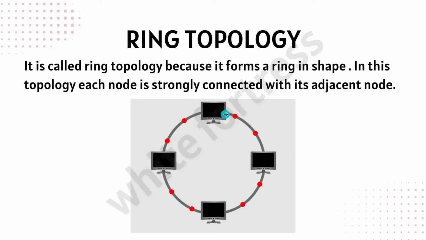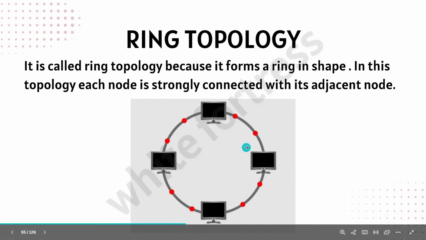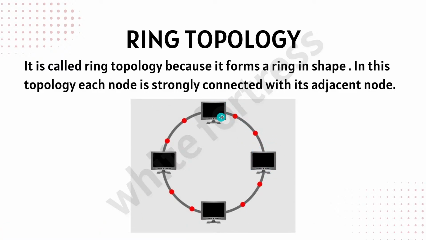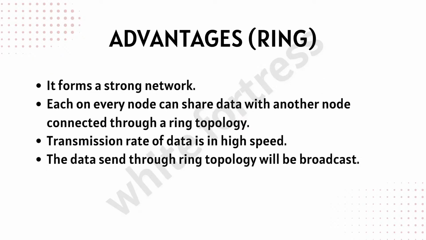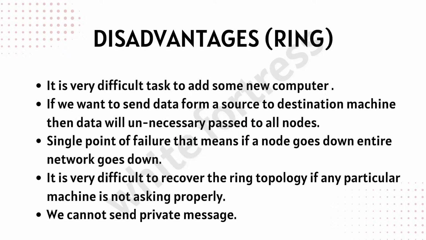Suppose the problem is at this end, we will not be able to identify whether it is here, here, here, or where. So in ring topology, it is very difficult to identify where the problem is.